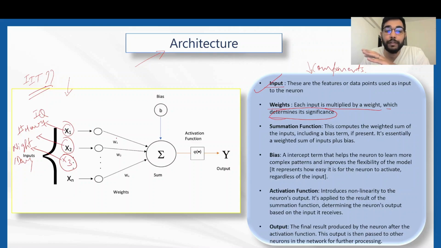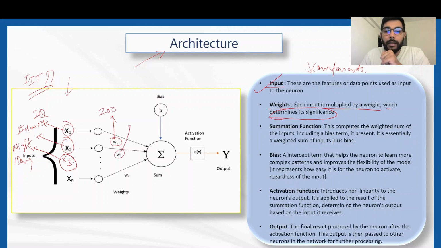So this is what weight does. Let's say in our particular use case, W1, the weight for feature 1, that is the IQ of that student, has the highest importance. Obviously, for a student to clear a competitive exam of this scale, the IQ must be very high, and that will help them clear the exam better. So let's say W1, the weight for IQ, is 200.